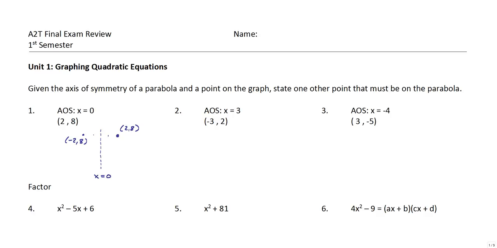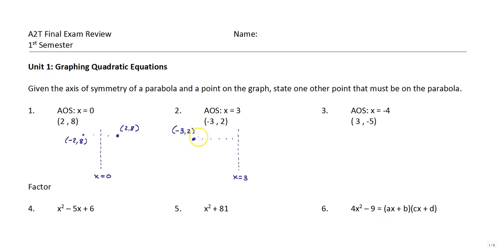Now, it's extremely simple to do that when we have an axis of symmetry of x equals 0, but what do we do when we have an axis of symmetry of x equals 3? The exact same thing. We're going to plot (-3, 2). This is 3, so we go back 2, 1, 0, -1, -2, -3.